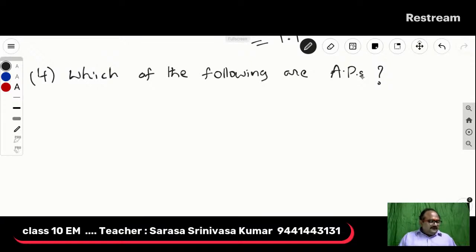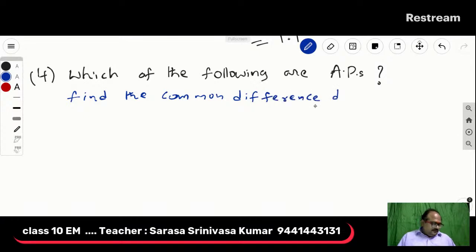If the common difference is there, then we say that the given numbers are in arithmetic progression. Find the common difference D and write three more terms.